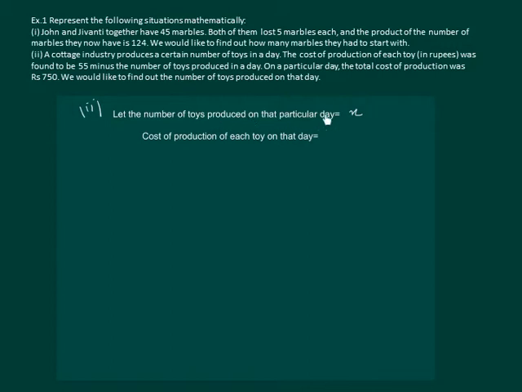Now, on this particular day, we are producing x number of toys, and the cost of production of each toy on this particular day will be 55 − x. That means the total cost of production of x toys will be rupees x(55 − x), which is also given equal to rupees 750. That is x(55 − x) = 750.